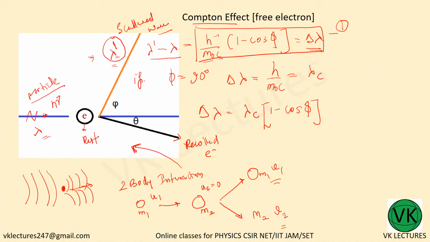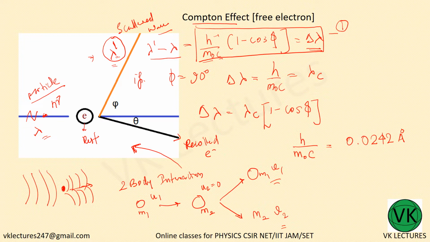And the value of this lambda c, that is h by m naught c, you substitute; h is a constant, m naught is a constant, c is a constant. The value you get is 0.0242 angstrom. You have to learn this value by heart. H by m naught c is equal to 0.0242 angstrom, into 1 minus cos phi, that is delta lambda.